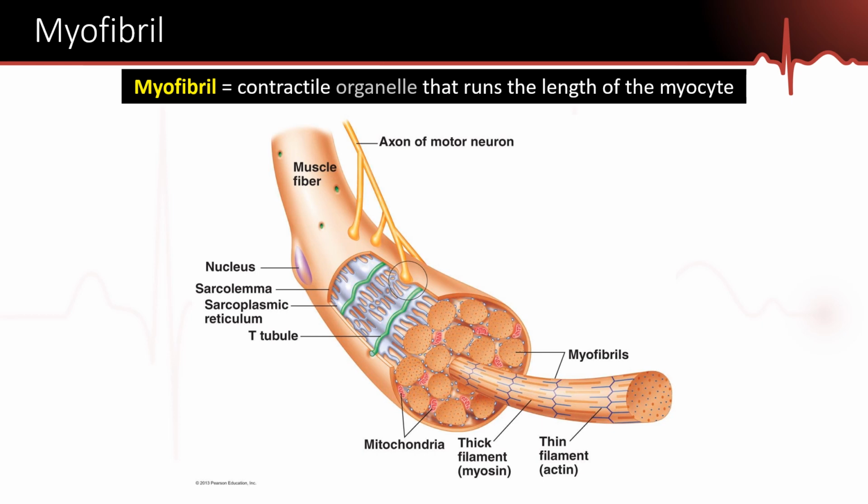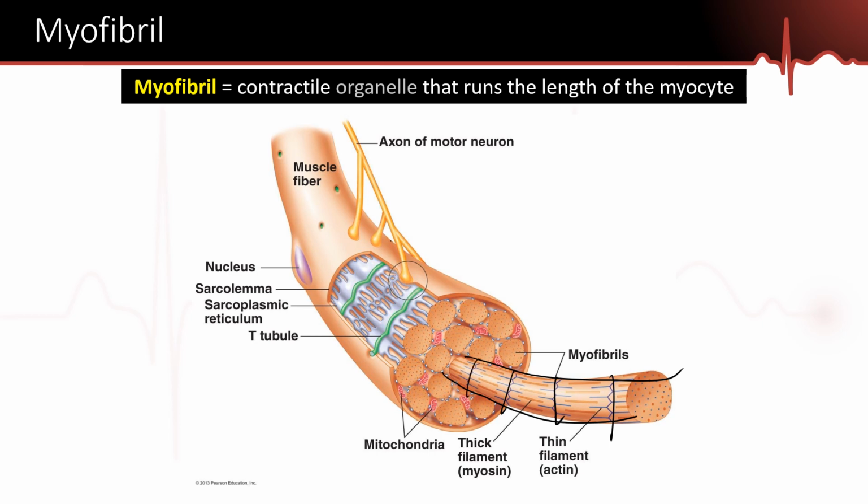So here is a whole muscle fiber. What's a muscle fiber made up of? Mostly, the most common organelle within a muscle fiber is a myofibril. Here's one myofibril being pulled out. What's the myofibril made up of? The myofibril is made up of sarcomeres.